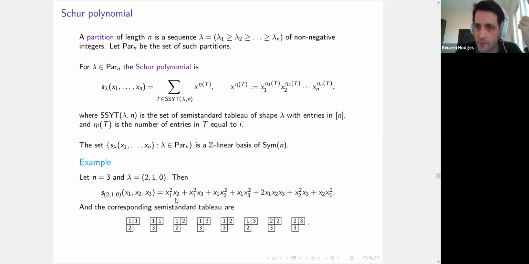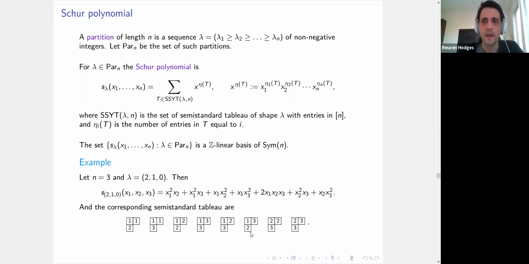And the exponent of x3 is 0 since it appears 0 times. For each of these, you get a monomial. You'll notice, for example, that this has coefficient 2. This is precisely because there are two semi-standard tableaux of the same content, 1, 2, 3, that have the numbers in different places. So this is a special family of polynomials that give you a basis of the symmetric polynomials.